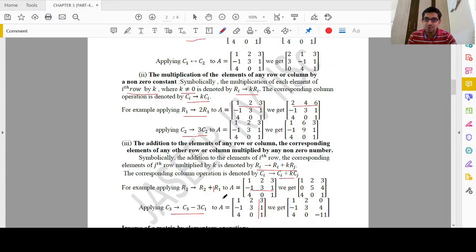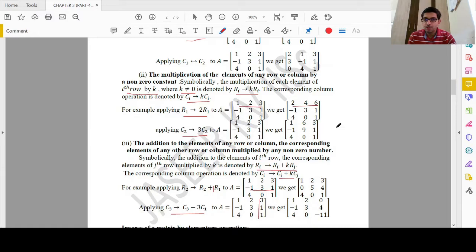So these are the 6 transformations, 3 of which are due to rows and 3 of which are due to columns. So the first one was interchange of 2 rows or 2 columns. Second one, multiplication of elements of any row or column by a non-zero constant.